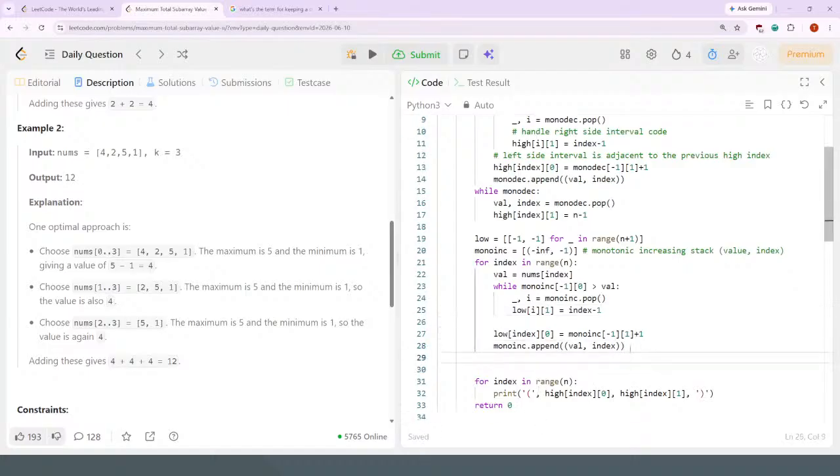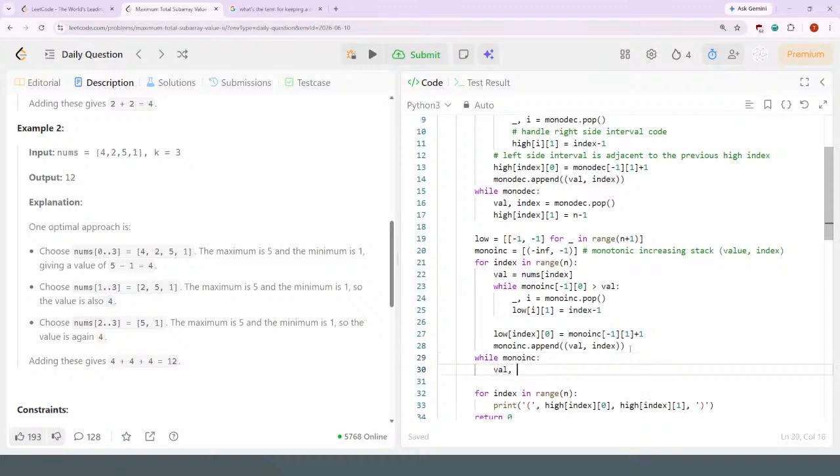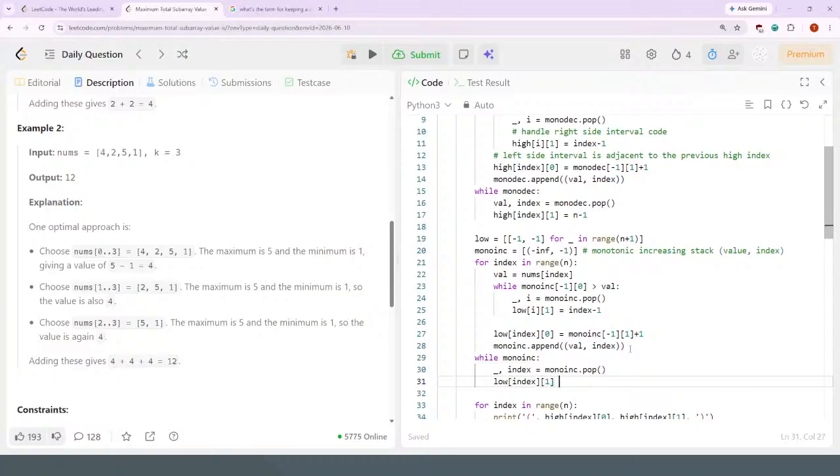And then while there is a mono increasing deck value, I guess I just need another index. And low at this index, the n value for it is n-1.